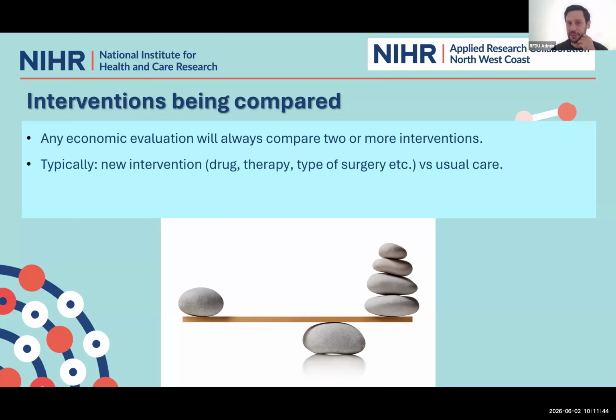Typically, we have a new intervention like a drug therapy or a type of surgery, and that will be compared against usual care or standard of care. There might be more than two interventions being compared. We had papers in the past where we had three interventions, so it could be that your paper will focus on a comparison between two or more interventions.